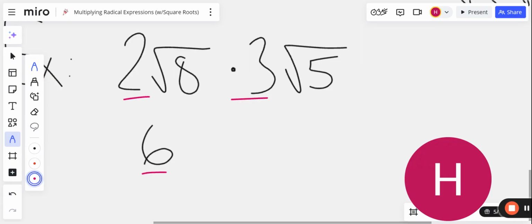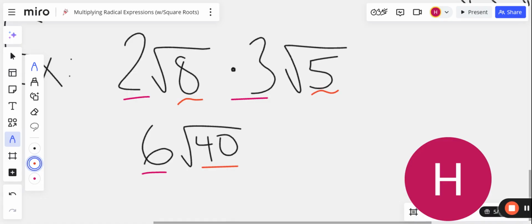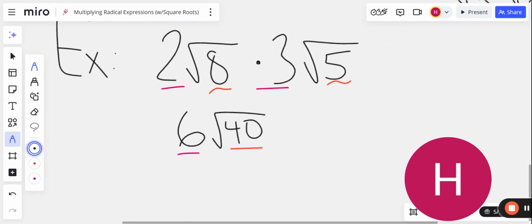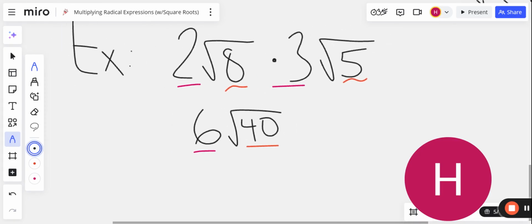Those are the outside numbers. And then we multiply the inside numbers, 8 times 5, and we keep those inside the radical. This radical can be simplified more, but we'll save that for another lesson. For now, I just want you to be able to carry out the multiplication, and then later we'll work on some more advanced skills.